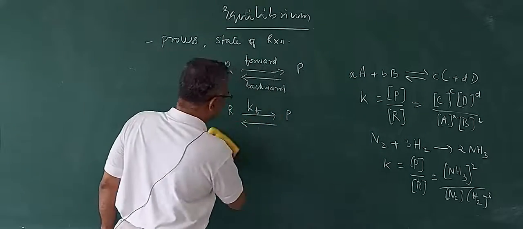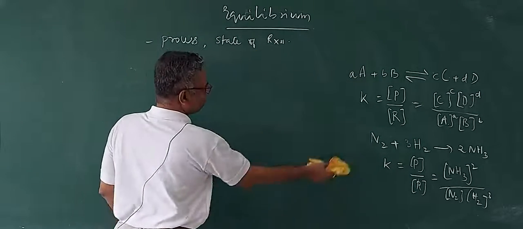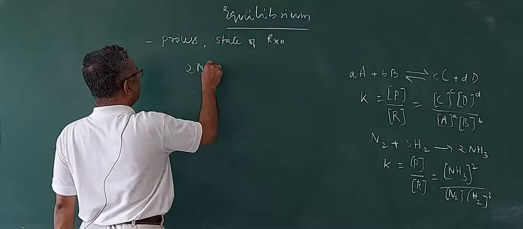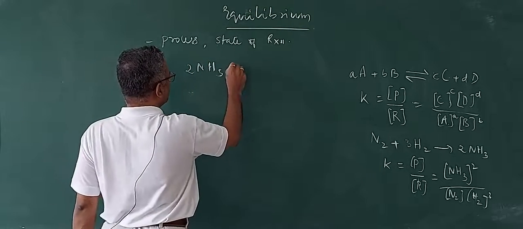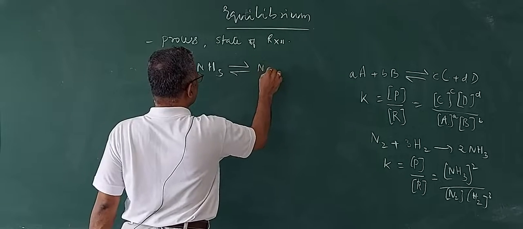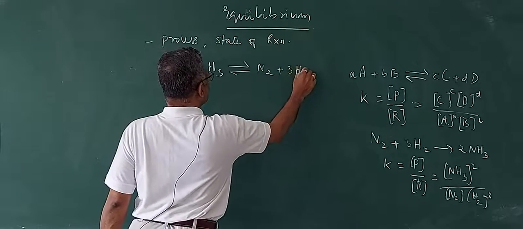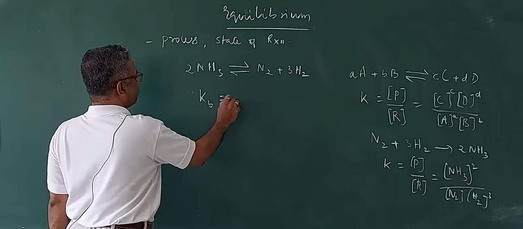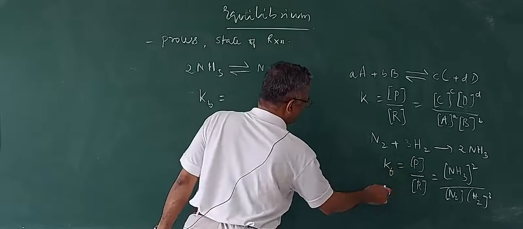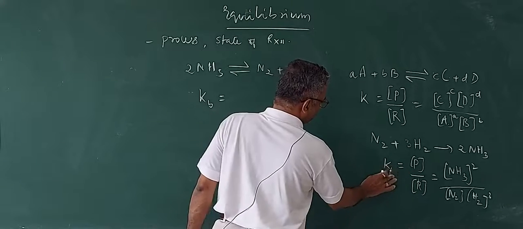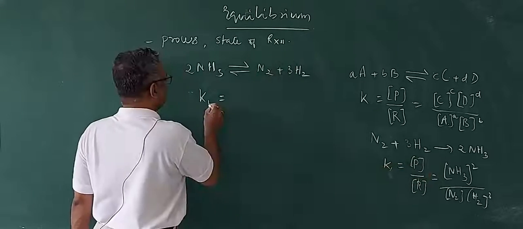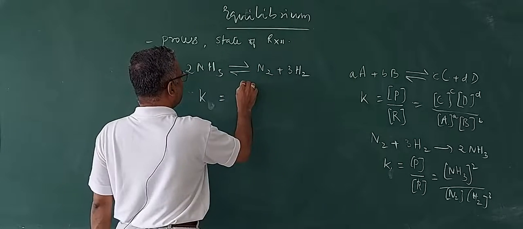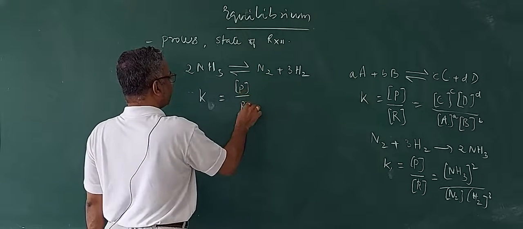Now, consider the backward reaction. What will the backward reaction be? The backward reaction will be 2NH3 giving N2 plus 3H2. Now, if you write the equilibrium constant K backward, again it will be product by reactant.